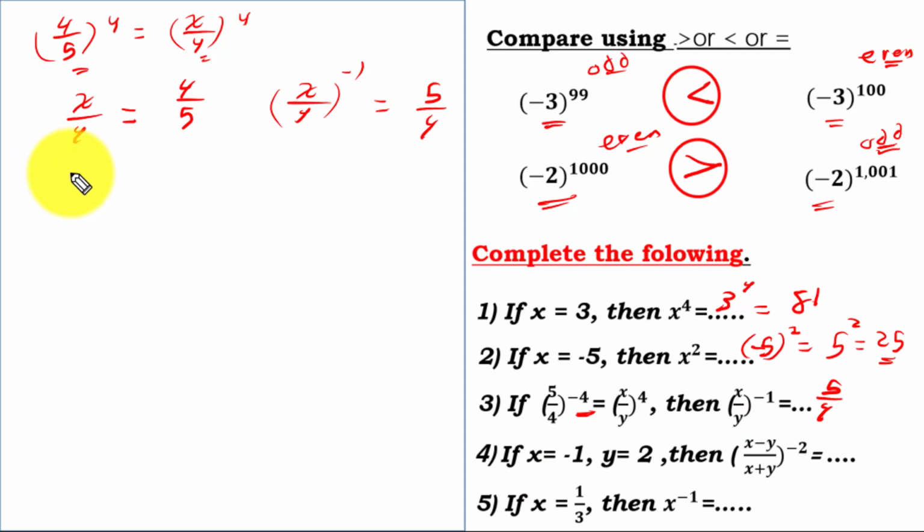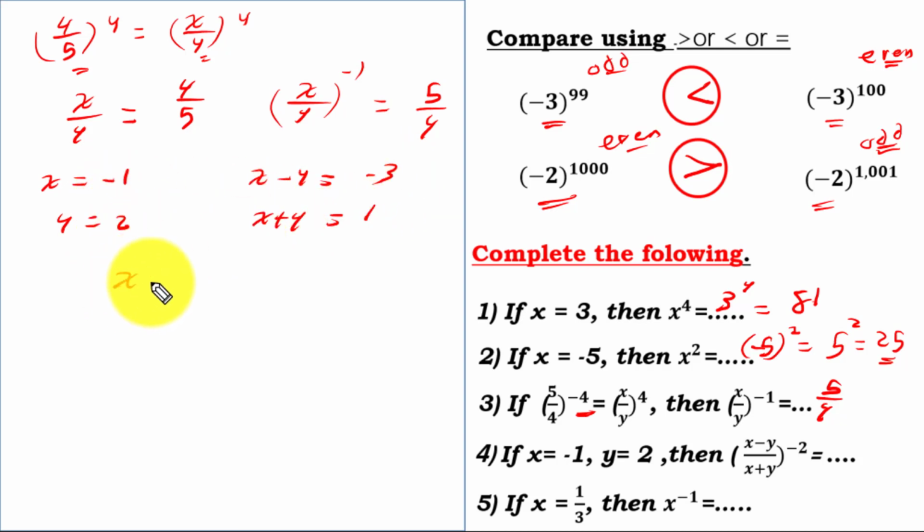X equals negative 1 and y equals 2. We can find here the numerator x minus y, it will be negative 1 minus 2, it will be negative 3, and x plus y equals negative 1 plus 2 equals 1.